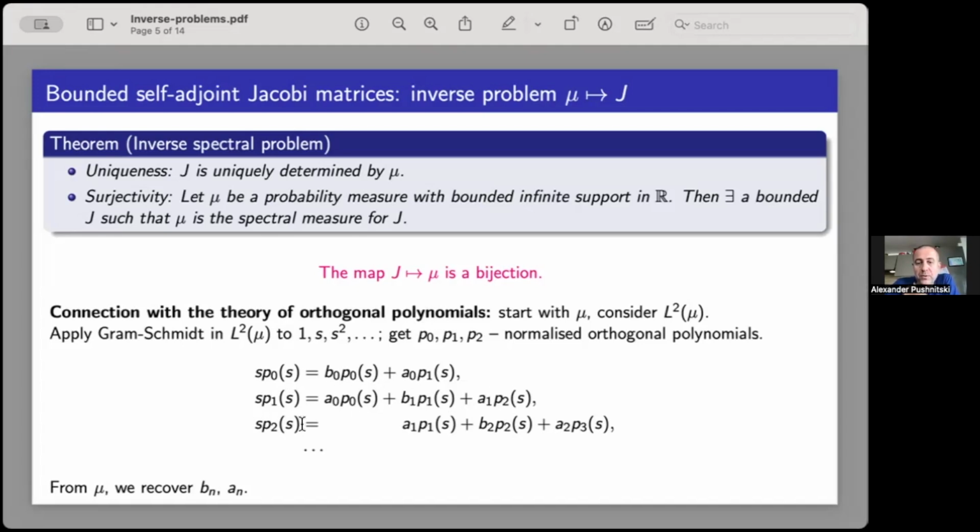If you write down this whole chain of equations, you get some coefficients A's and B's, and these are precisely the A's and B's that we are looking to reconstruct. So one can prove that this procedure precisely inverts the spectral map from J to mu.